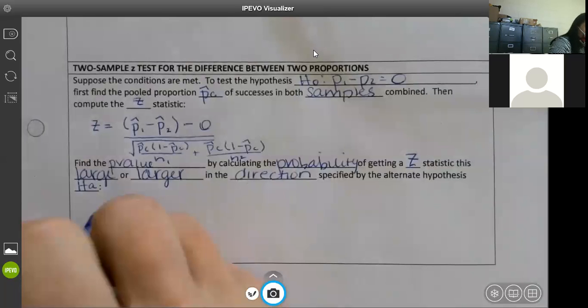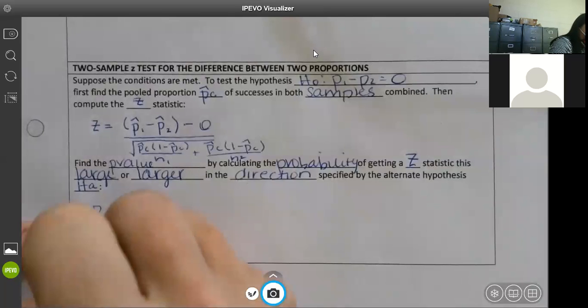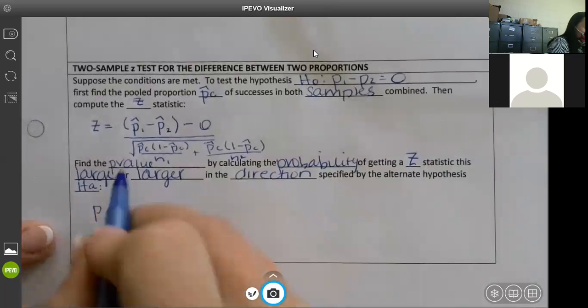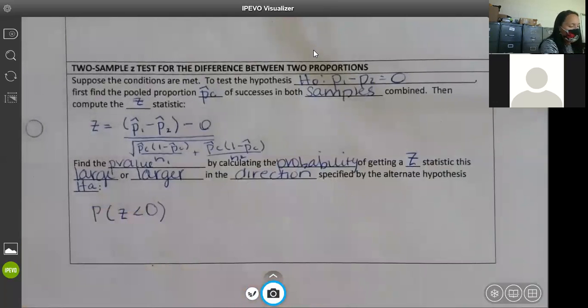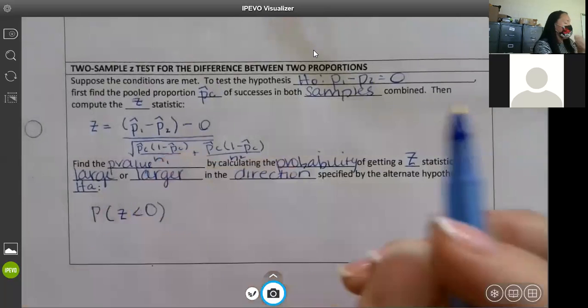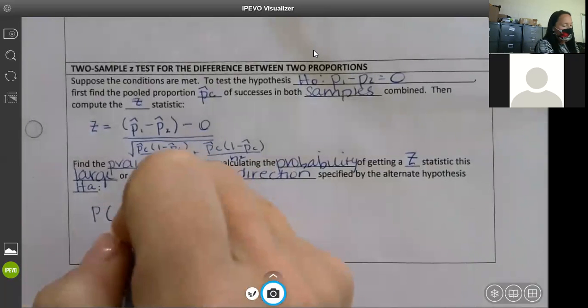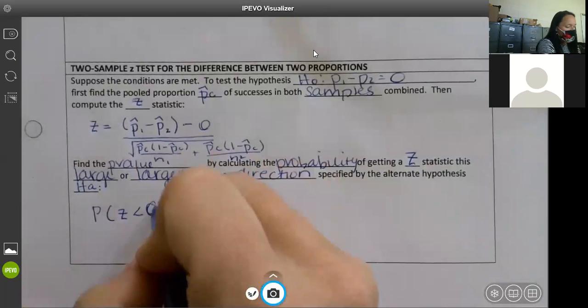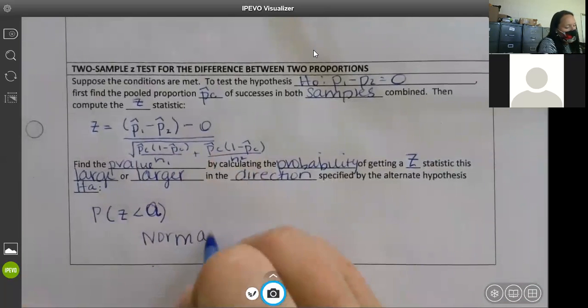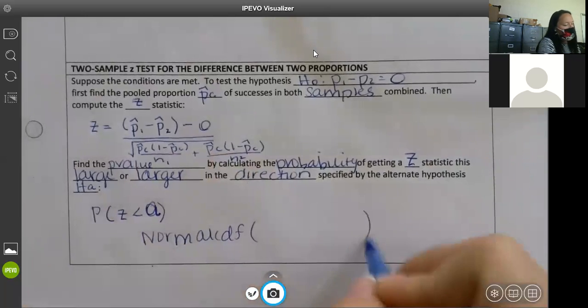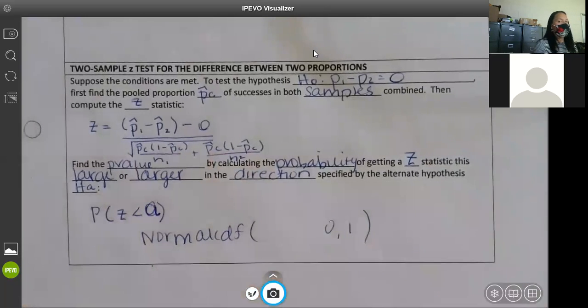Remember, and you don't have to write this down, we're going to have Z is less than or equal to whatever your Z value is. So let's just put an A there. And then we do normal CDF based off of that with mean 0, standard deviation 1. So don't forget that because we're about to do that.